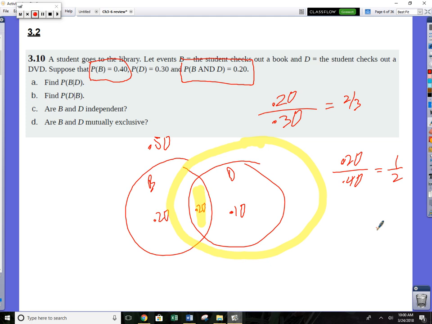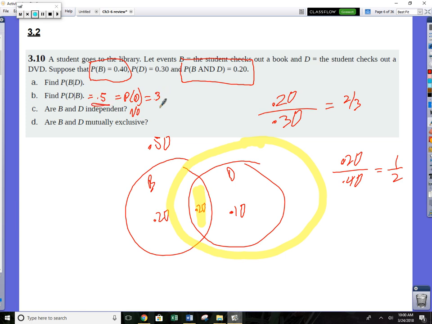Okay, are they independent? Hopefully we're going to say no, because B just kind of proved it. The chances of them checking out a DVD, given that they checked out a book, was 0.5. And that should be the same as them checking out a DVD all by themselves, which was 0.3.